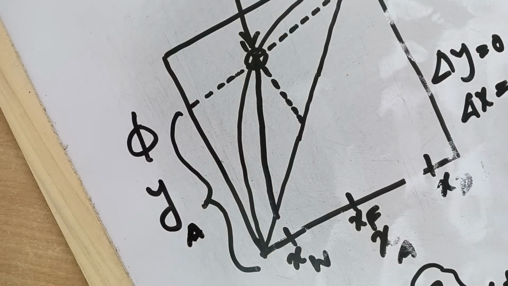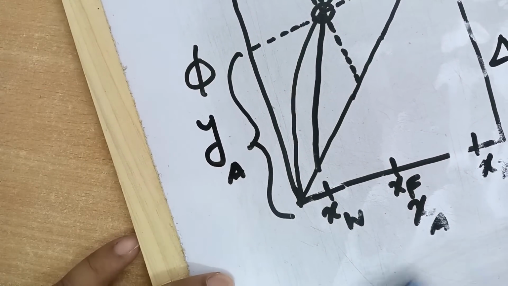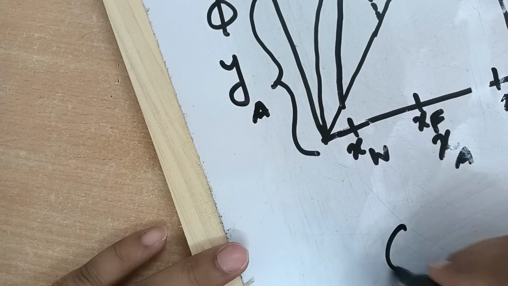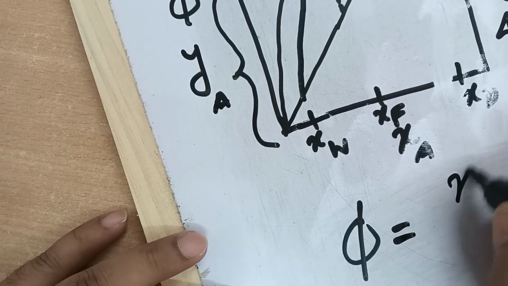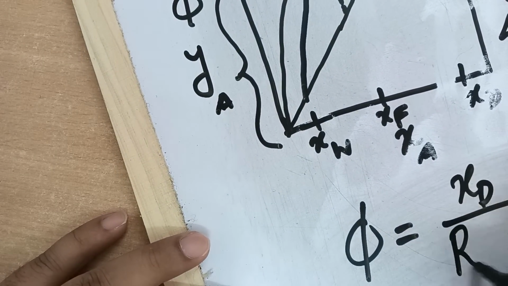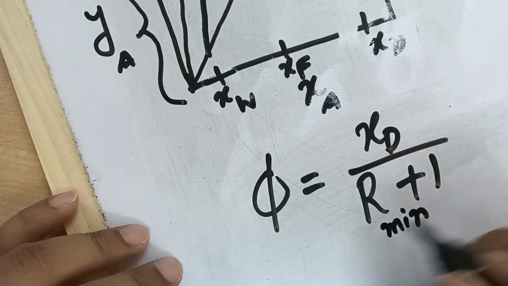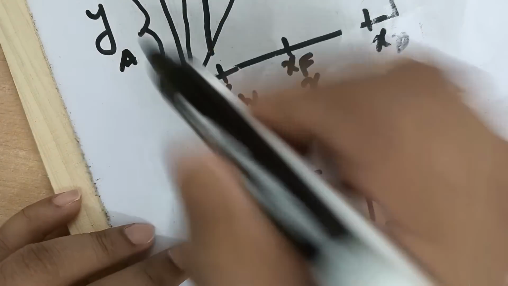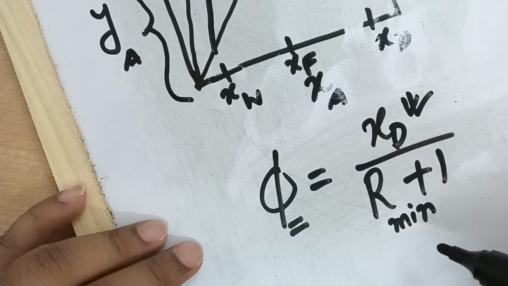Now once you have this y-axis intercept, the value of phi is nothing but xD over R plus 1, but since it passes through the pinch point, R is nothing but R minimum. So if you can find the value of phi from the y-axis and you know the value of xD, you can easily find the value of R minimum.